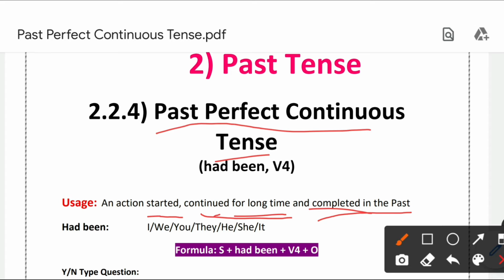Got it? The second example is of work. When we work at one place or at one job, that action starts, then continues for a long time, and then completes.